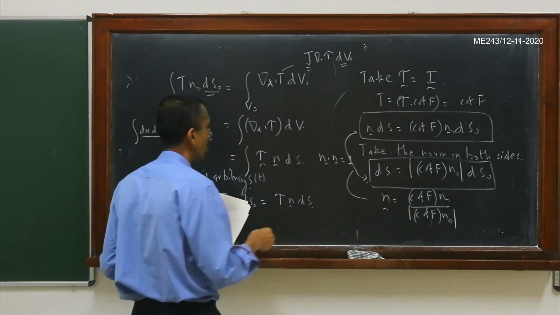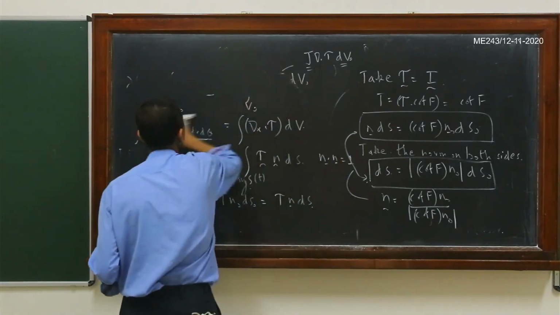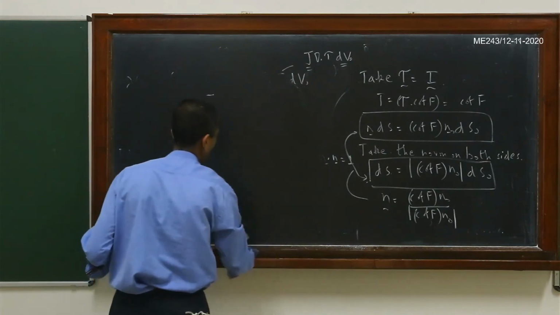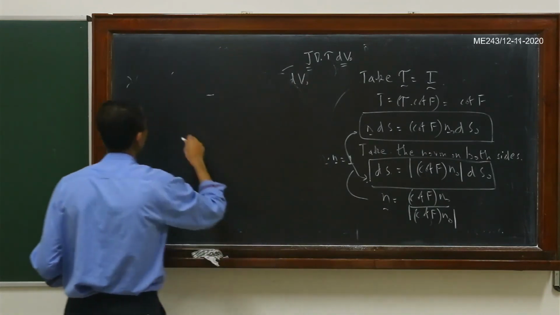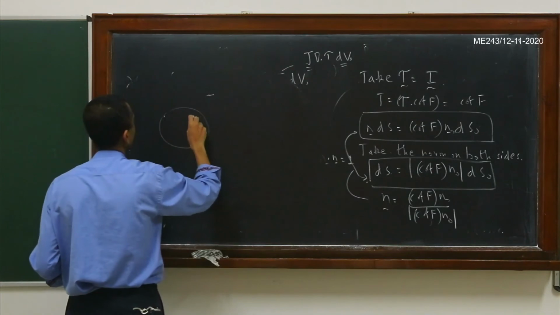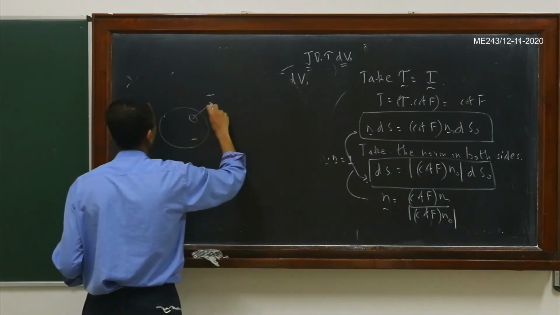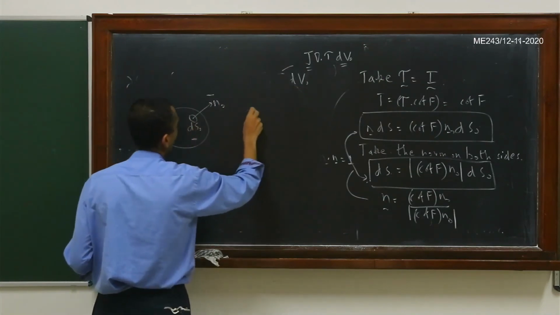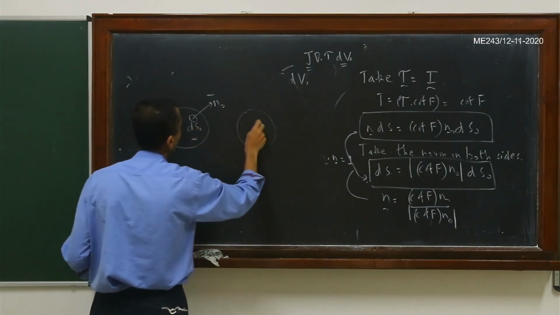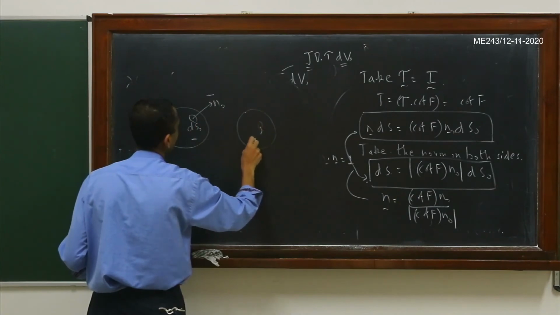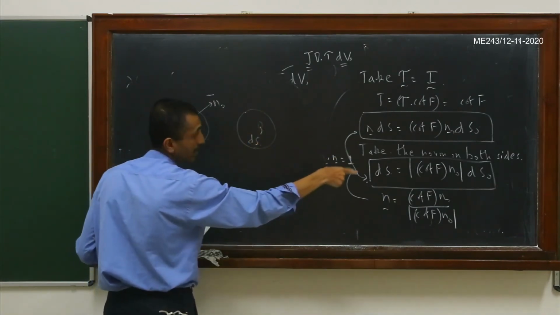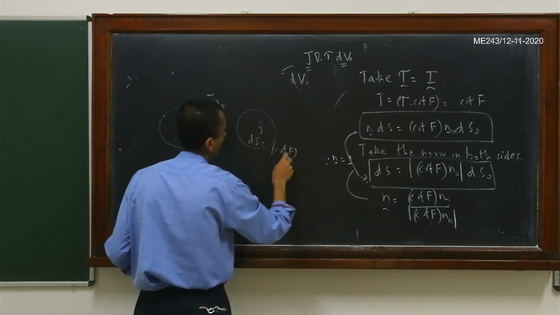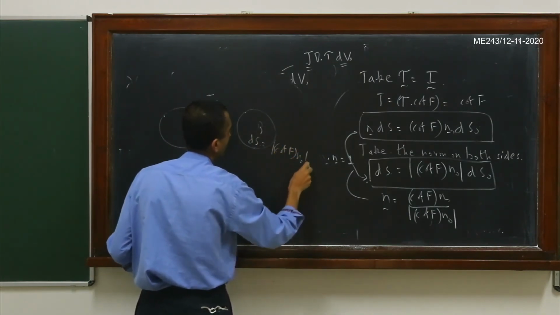If I just draw that picture here again, just to clarify these things. Suppose this is your n0, and this is your dS0. Now it goes into a deformed configuration, and now this is your dS, which is equal to cofactor F times n0 dS0.